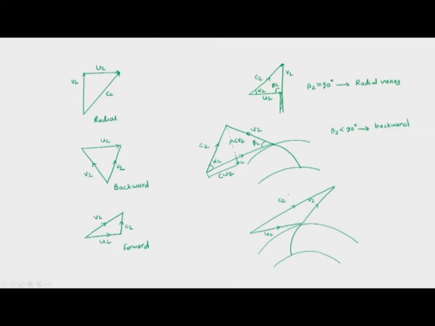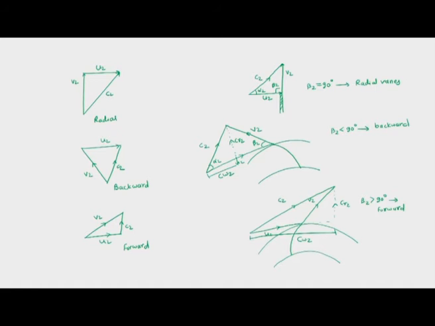Accordingly we get CR2, and then we complete this as CW2. So this is how velocity components get decomposed for beta 2 greater than 90 degree, and that is for forward facing vanes.